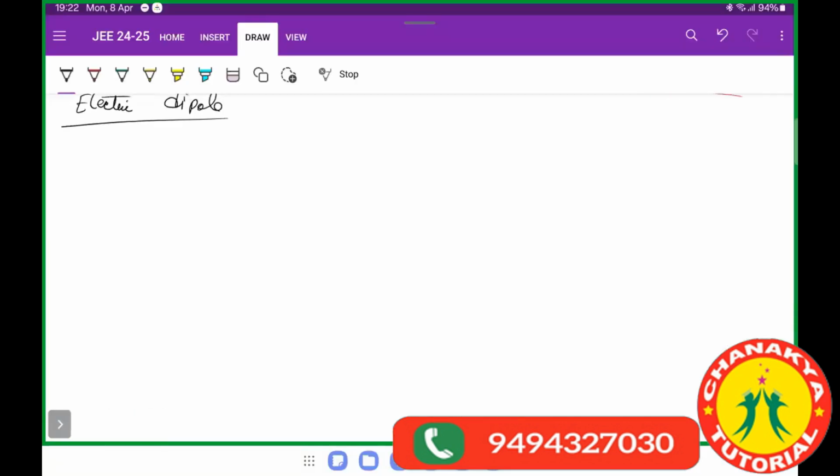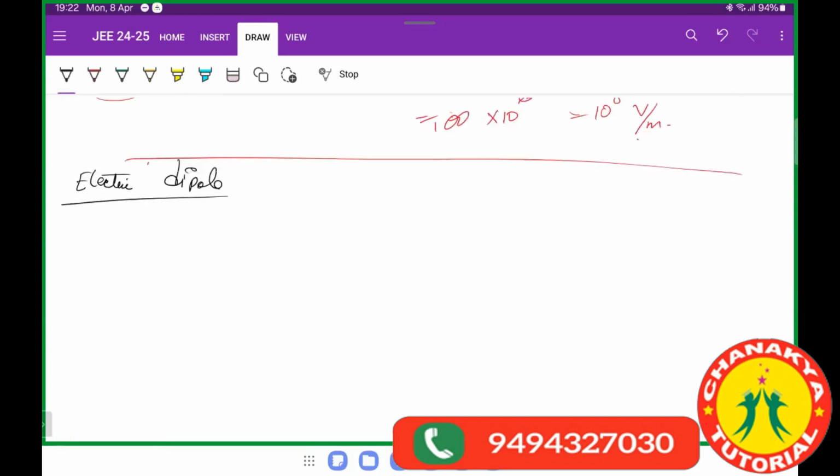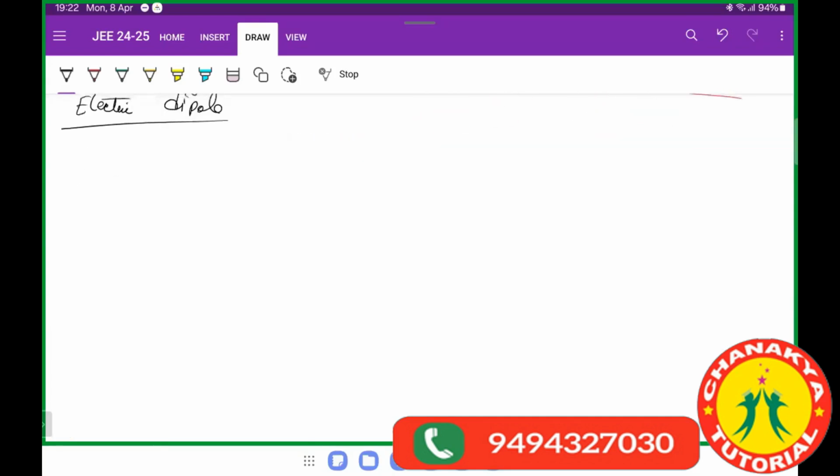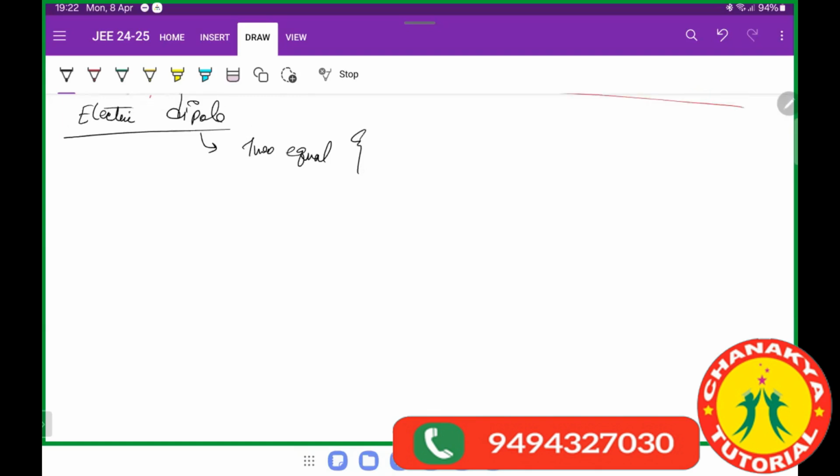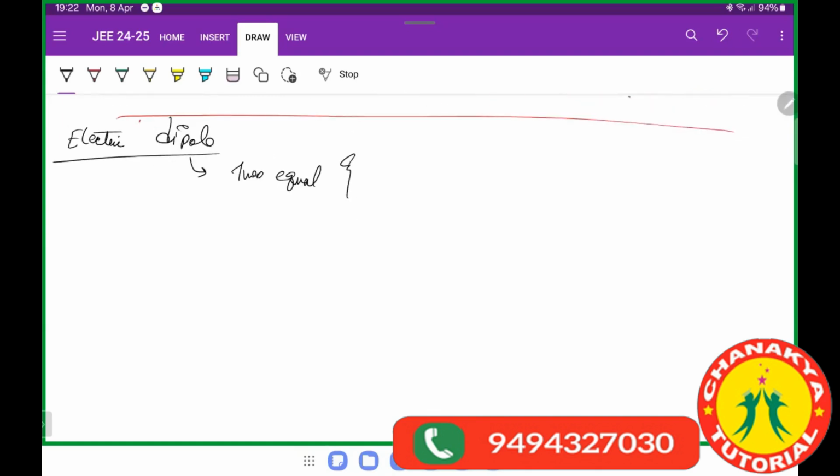Okay, electric dipole. From the name itself, we can understand it has two poles. Electric dipole means they have two equal and opposite charges.